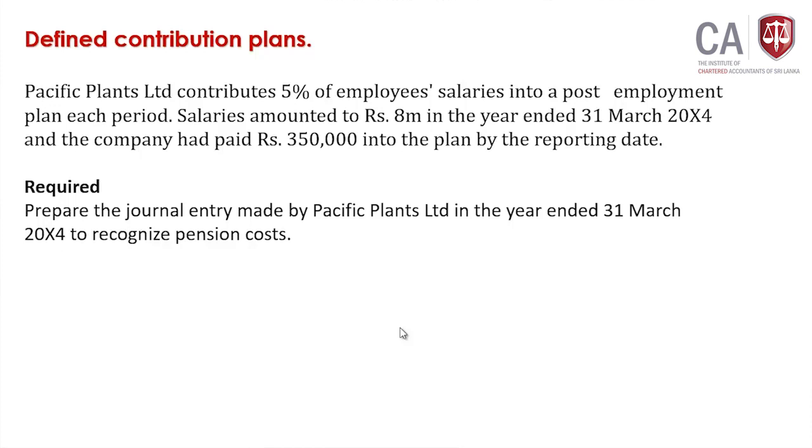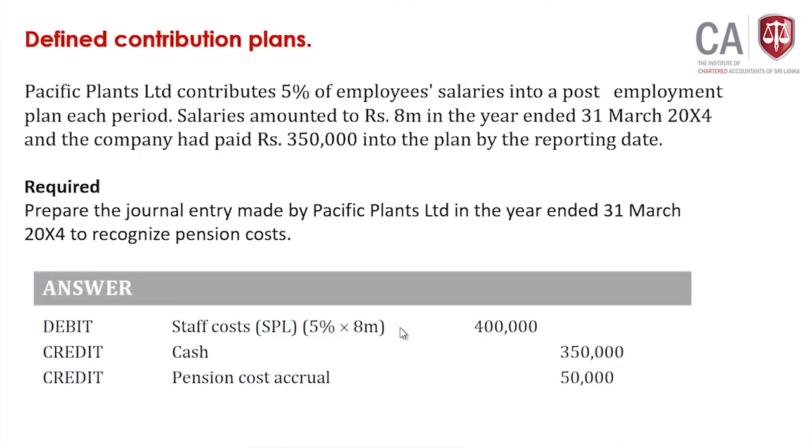What is the journal entry they are asking? Salary cost is 5% of 8,400,000, debit. Credit cash, only 350,000 has been paid. Another 50,000 to be paid to the pension scheme is a credit liability. That's how you account for a defined contribution plan.